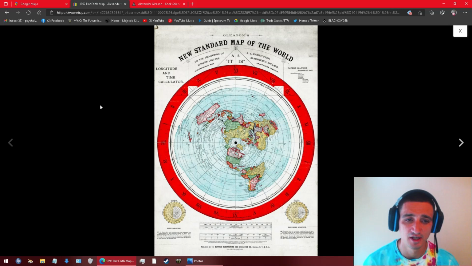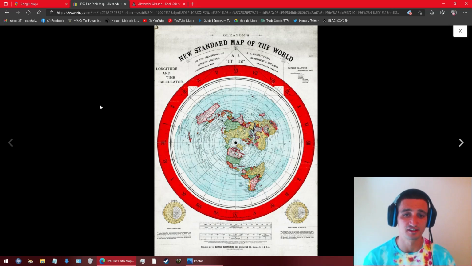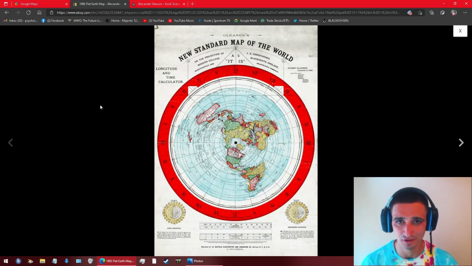It says on it, longitude and time calculator, correct as it is. So the latitude lines are wrong, so it's not a correct model. Remember that? And he made this map knowing that. It says it right there in the center, correct as it is, longitude and time calculator.